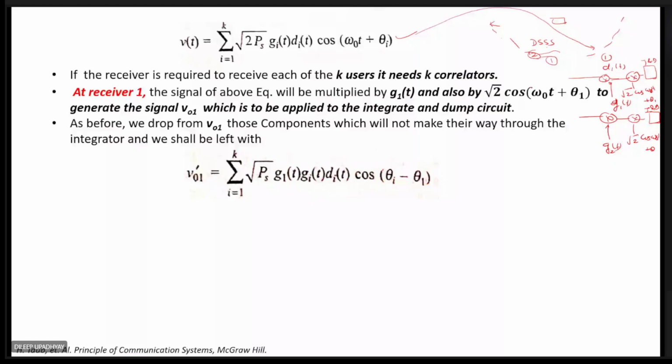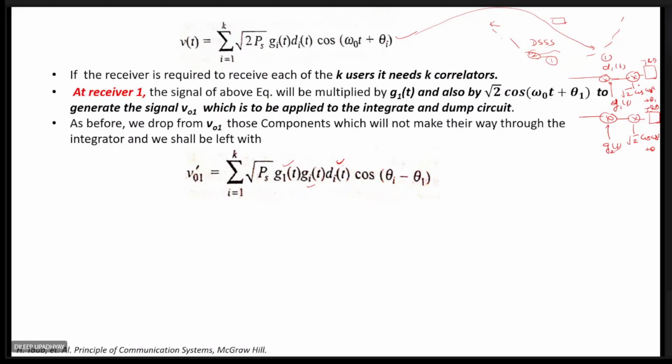Then we have root 2P_s g_i(t) d_i(t) cos(omega naught t plus theta i), and before that it multiplies with g1(t). This is further multiplied with root 2 cos(omega naught t plus theta 1).